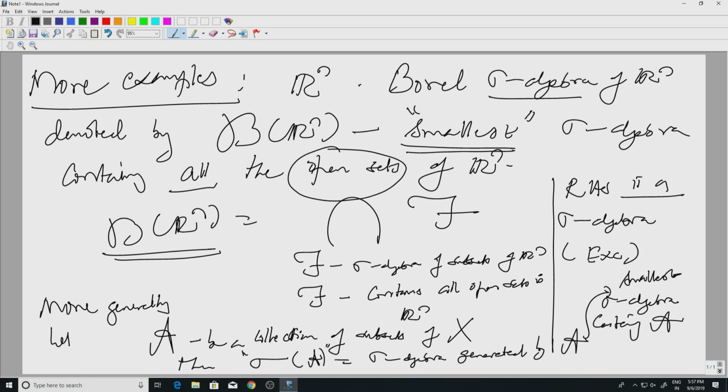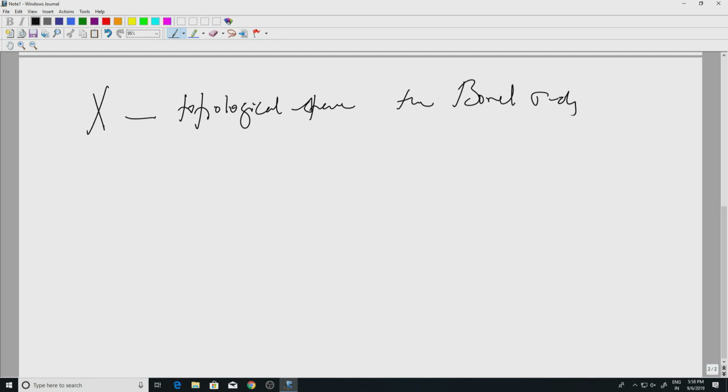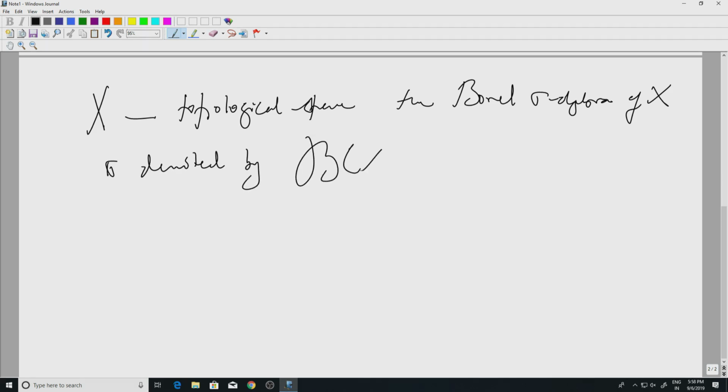One can also, instead of Rn, start with a topological space. The Borel sigma algebra of X is denoted by B of X, that is the standard notation.